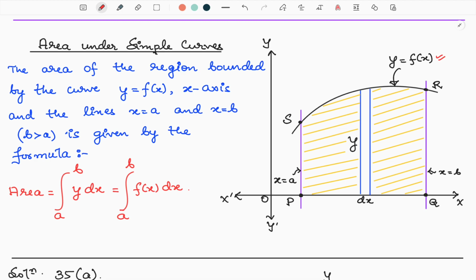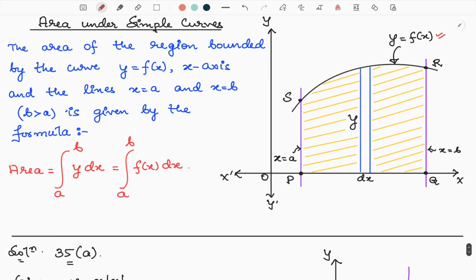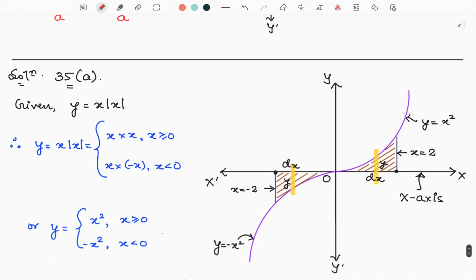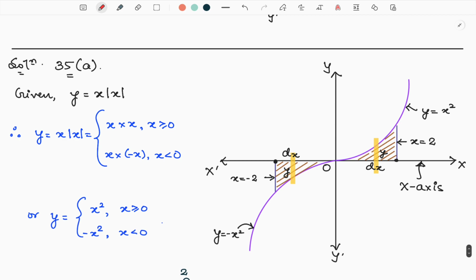So there is a formula: we have to calculate the integral of y dx with limits a to b, or the integral of f(x) dx between a and b. Now apply these concepts to 35a and 35b, and you will get the required answer.